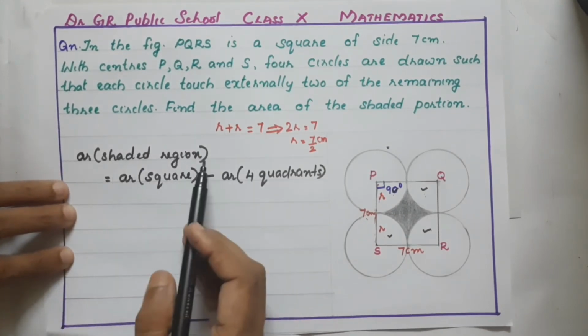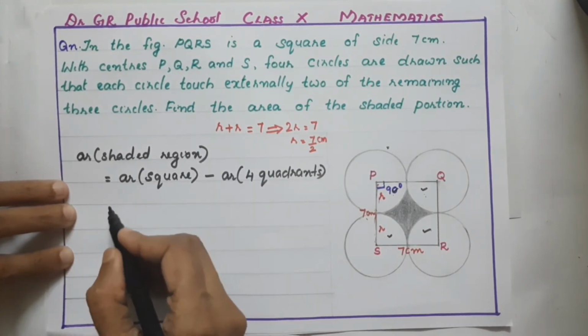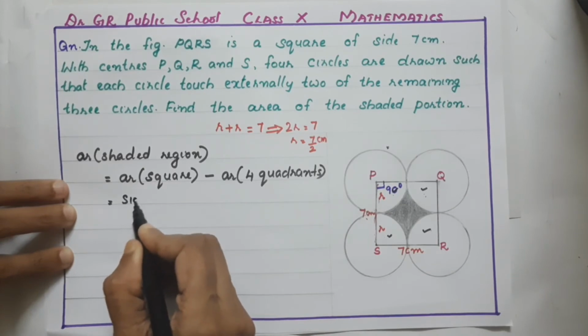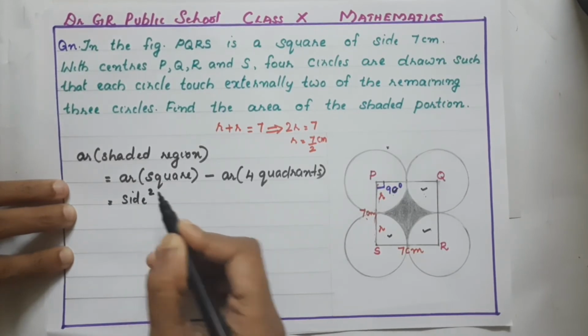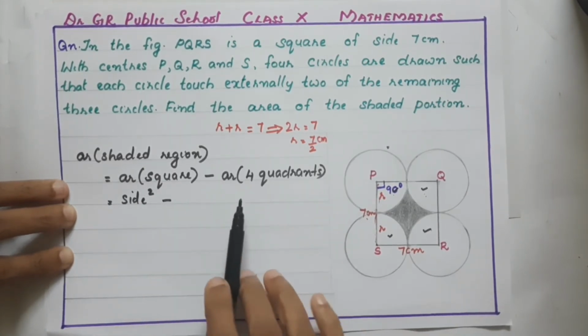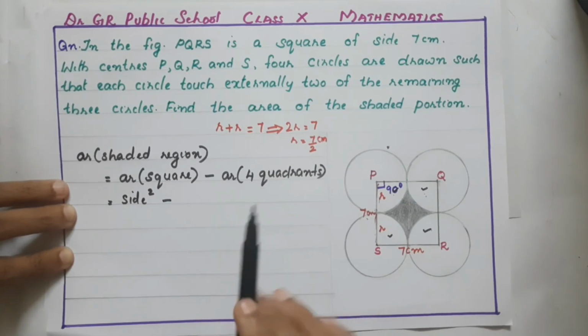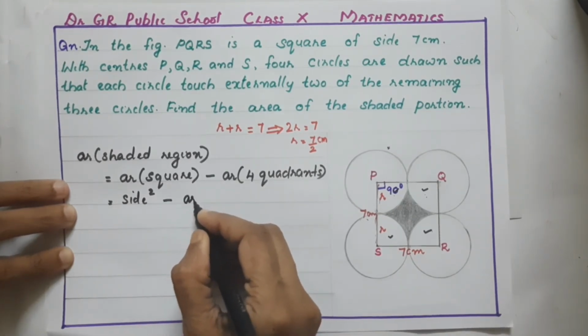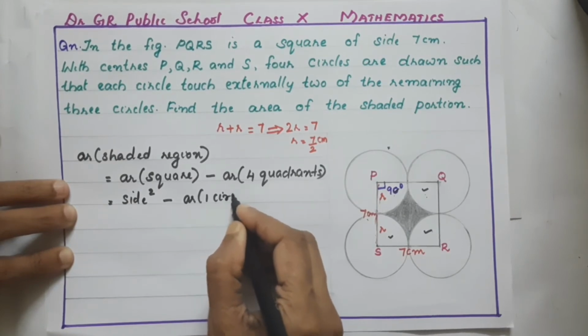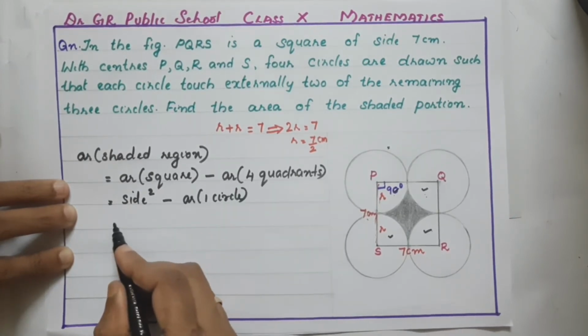So the shaded region area is equal to area of square, that means side into side, that is side square, minus area of four quadrants together, which gives area of one circle. Okay.